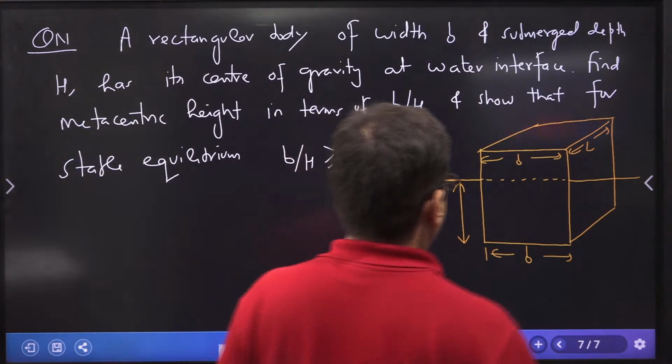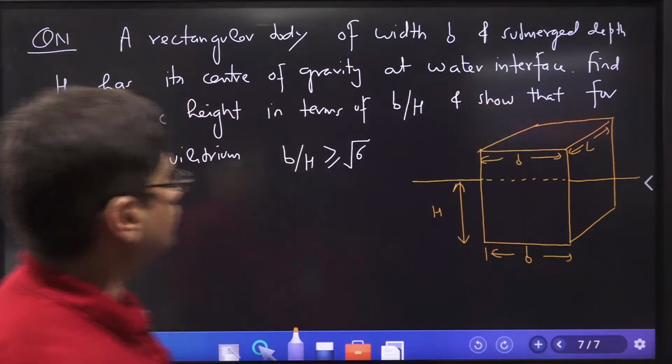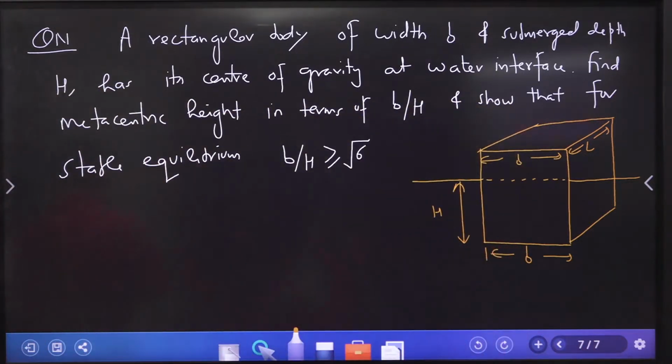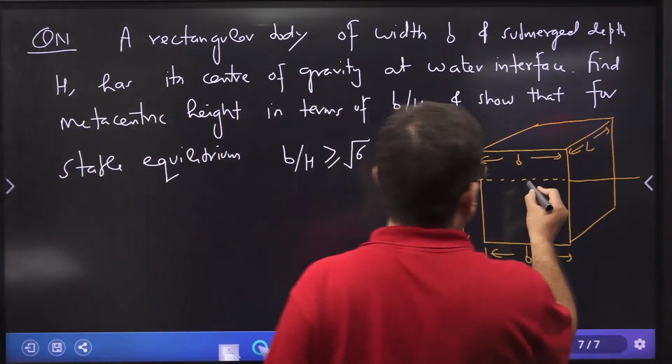Now we know how we have to find this out. Let's try to see this. One more piece of information is given, that G is at this point.